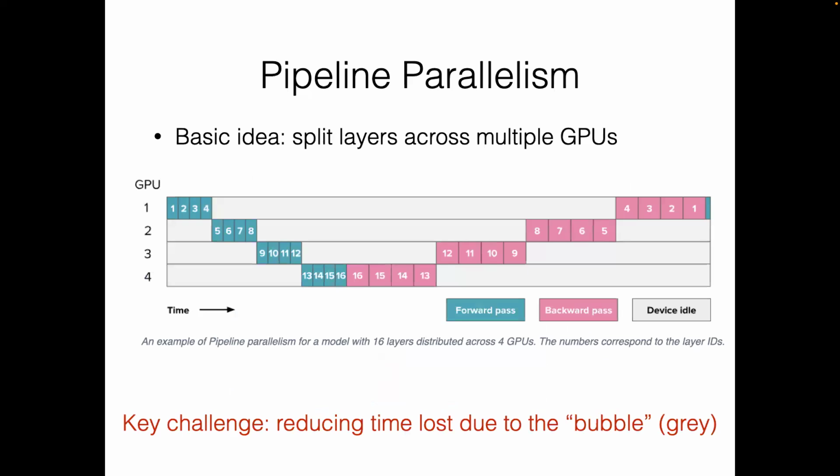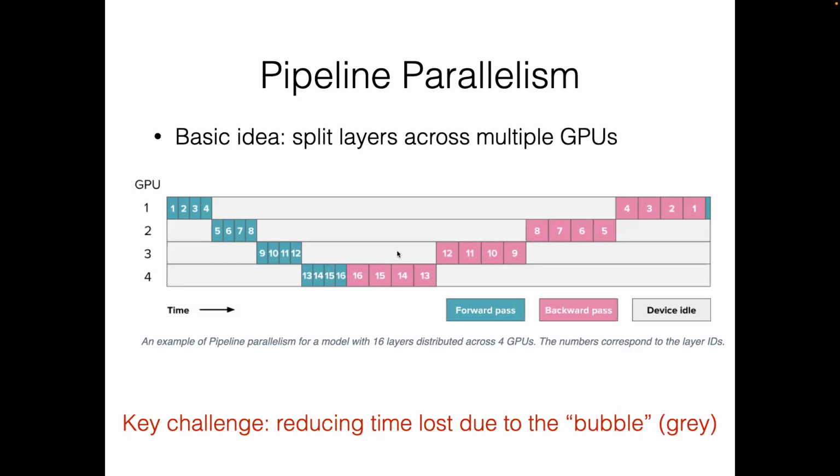So what happens here is these diagrams. As you might imagine, if you're processing things in a pipeline, it's a serial process. You do the first 4 layers on this GPU, then the next 4 layers on this GPU. Meanwhile, the other GPUs are just sitting here doing nothing. So that's wasted potential, right?